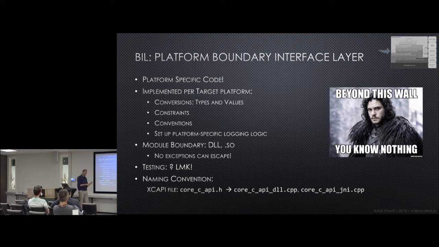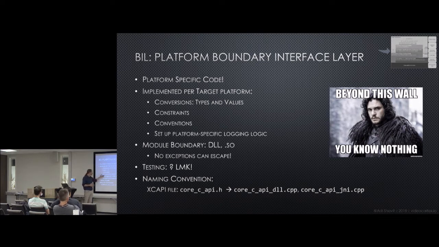So we might have to convert between types because, for example, JavaScript supports only doubles, right? And in C++ or C, we have integers, we have floats, we have multiple different types of numbers. And this is where we have to think about them. We'll see some examples in a minute. Similarly, things like conventions, like function naming. If anybody here has done any NDK, Android targeting, then the functions need to be named in a certain way, and there are certain data types that you use to do this type of JNI interaction.